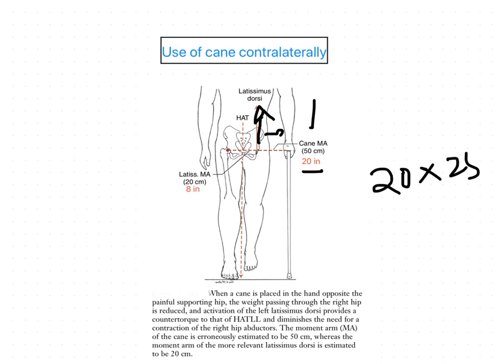An upward pull on the side of the pelvis opposite to the supporting hip joint axis creates an abduction torque around the supporting hip joint, so this force is creating an abduction torque on the affected side. The magnitude of latissimus dorsi contraction should be approximately the same as the downward thrust on the cane, under the supposition that this muscle initiates the thrust.